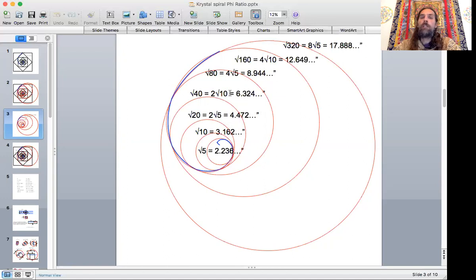As you go, this follows a doubling sequence as well. Each of these circles, as they expand, continue in that doubling sequence. So we've got the spiral, touching a little portion of each of these circles as it goes along, and we can continue that on and on and on.